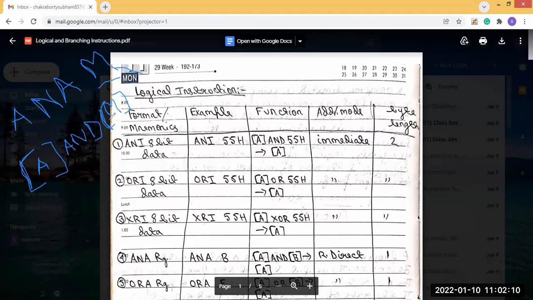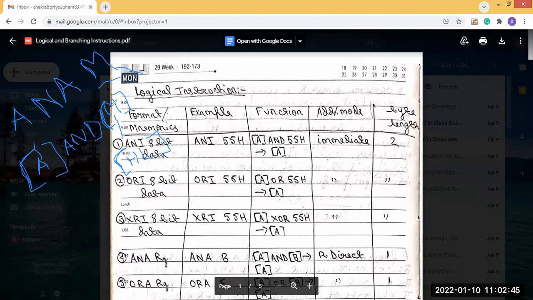That means this is a memory location, and inside this memory location a data is stored, and this memory address is held by the HL register pair. Inside that memory address there is content, and with that content we perform the AND operation with the content of the accumulator.